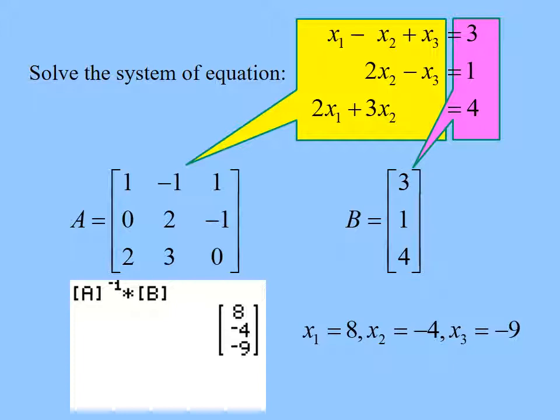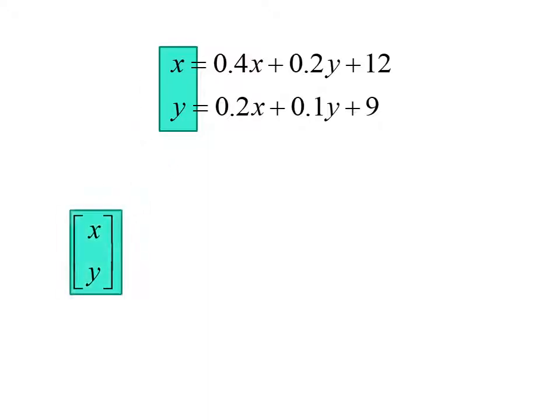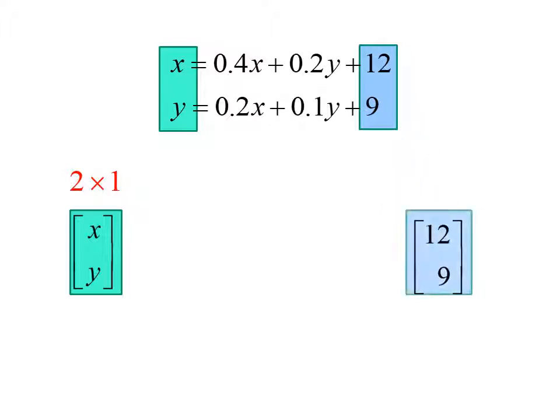Well, that's fine, only we have better ways of solving systems of equations than to do it with the inverse matrix method. However, let me show you this one, which you'll see where this comes from a little later in a different section. However, this is the matrix version of that. We're going to take the left side and write it as a matrix. We're going to take the constants at the right and write them as a matrix.